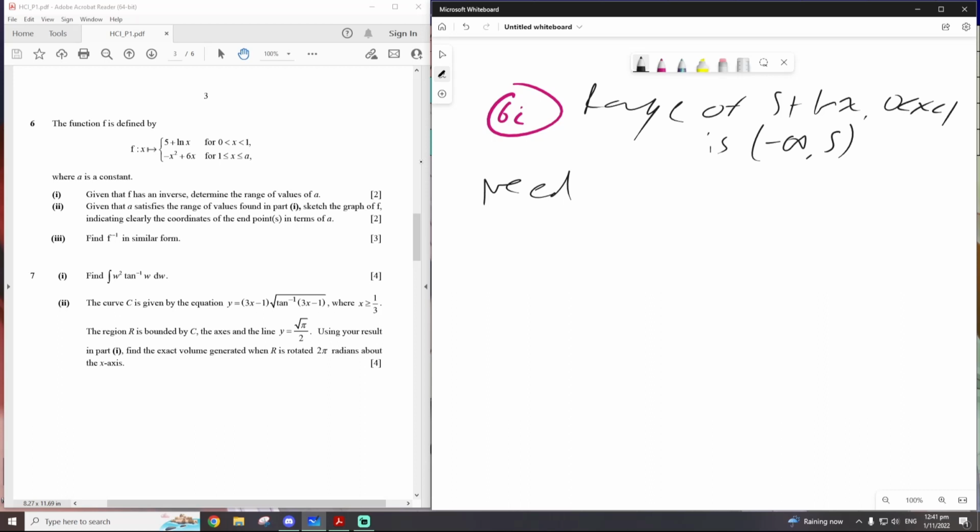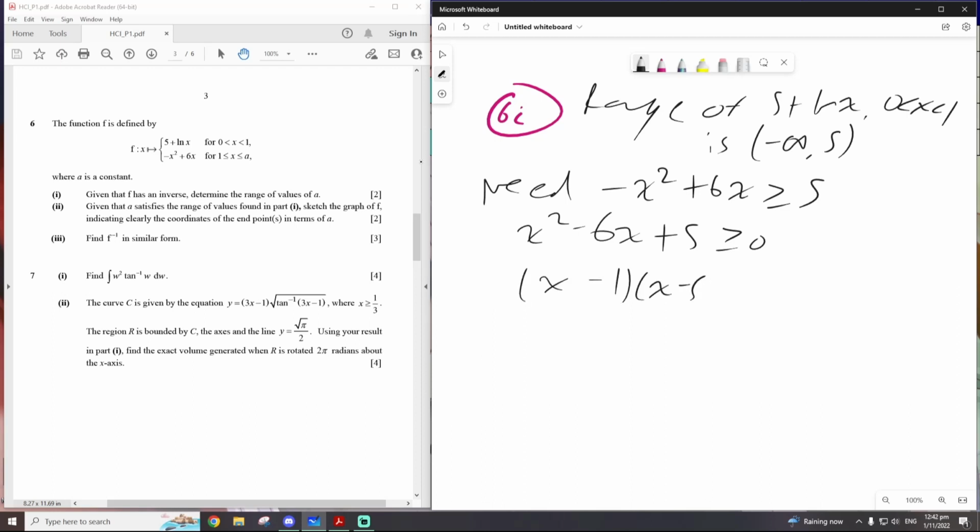We need minus x squared plus 6x to be greater than or equal to 5, from which one gets x squared minus 6x plus 5 less than or equal to 0. Actually, no, I think I have to flip the sign.